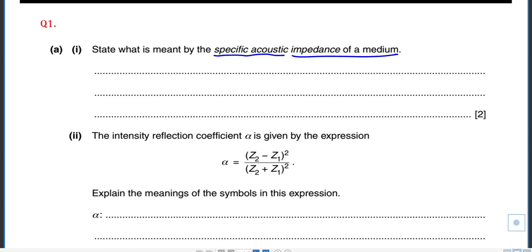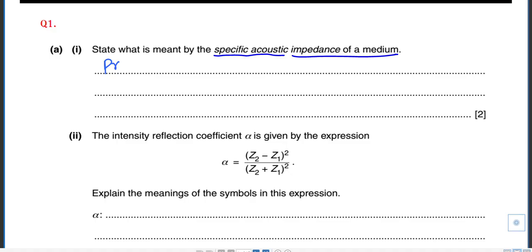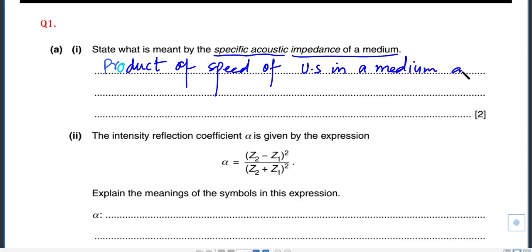Okay, you haven't memorized it yet? It is the product of the speed of sound, speed of ultrasound, in a medium and its density, that is, the density of the medium.